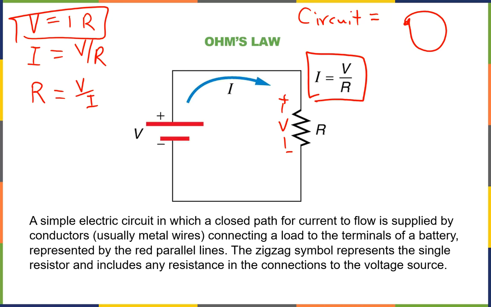You notice I put a plus sign there. I did that based on the direction of the current arrow. If the current was coming from the left going across the top, then it's got to come down. And so the tail end of the current arrow is the positive for Ohm's Law. The arrowhead is the negative for Ohm's Law because it's a voltage drop as the current goes through. And so this is saying the current through the resistor relates to the voltage drop across the resistor by that value R, the resistance.